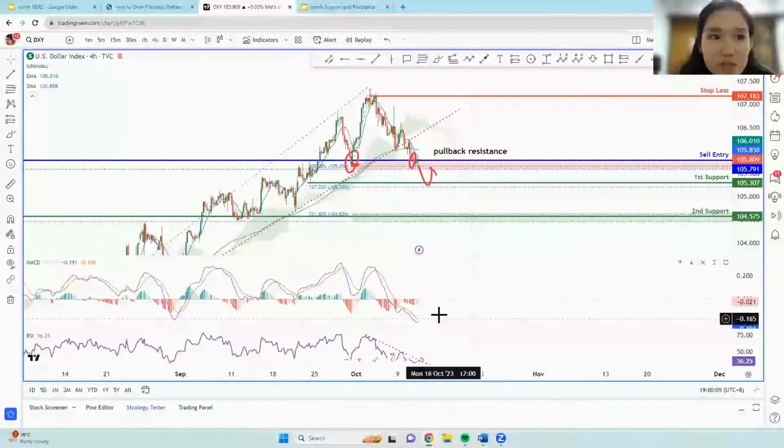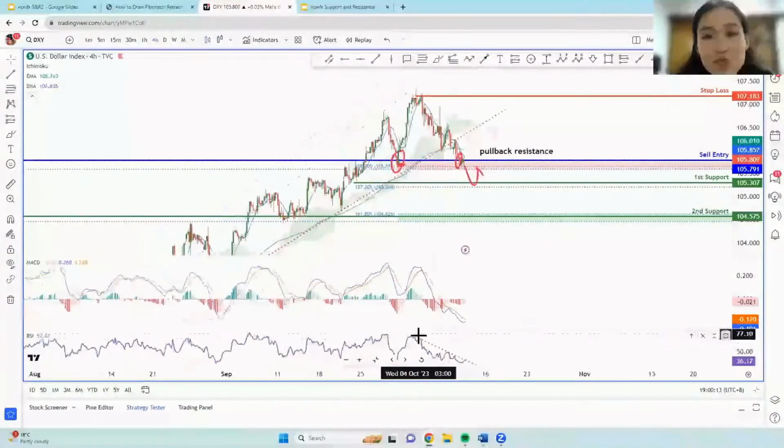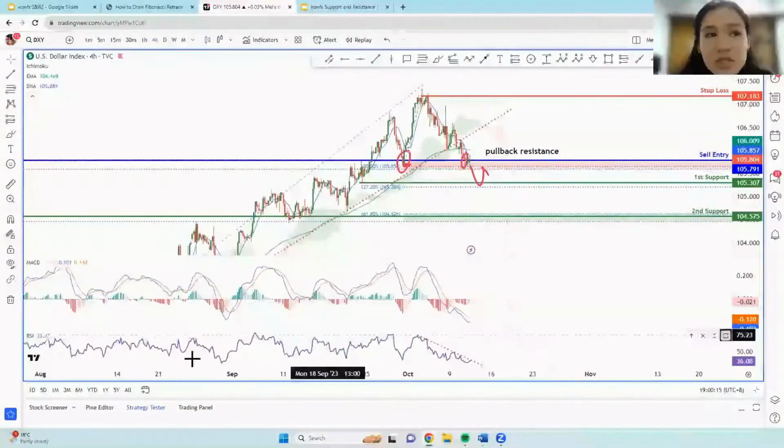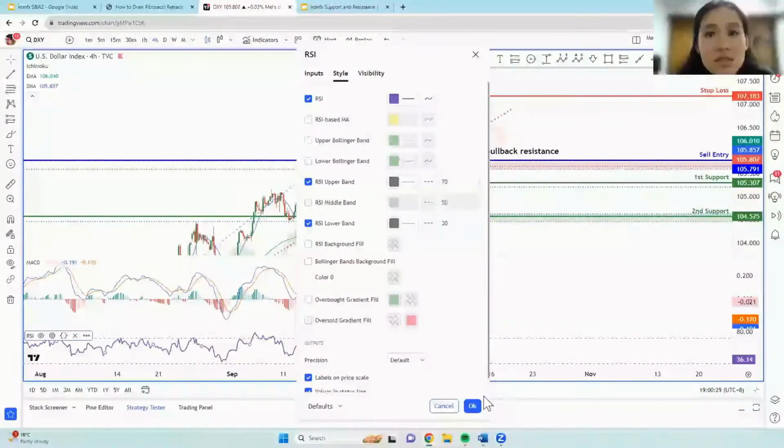There are a lot of ways to use the RSI. Here I'm just looking for a trend line. You can also enable the lines, the upper and middle bands. Let me make it bigger.